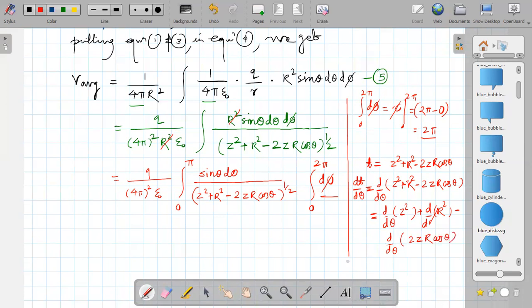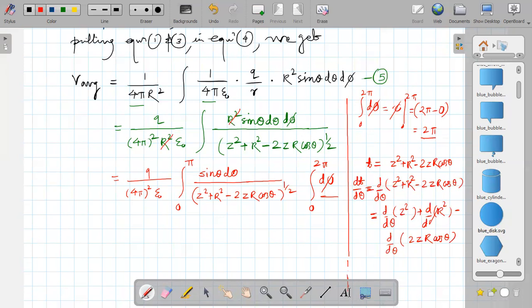For this case, derivative of z square with respect to theta is always 0.